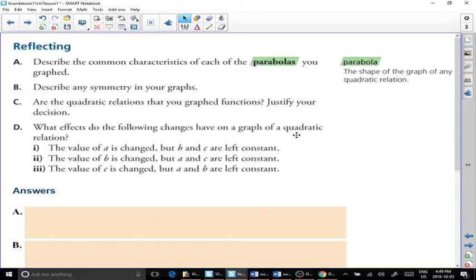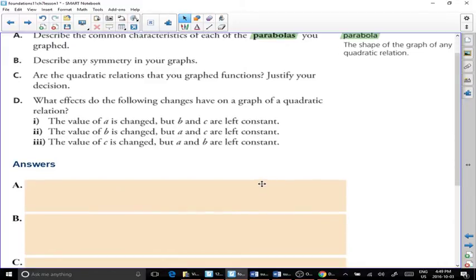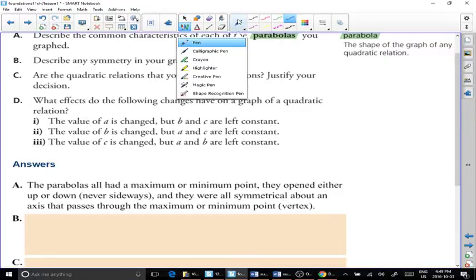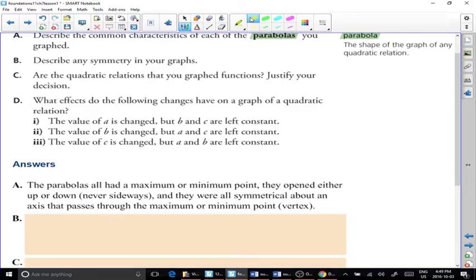So, under the reflecting page or part of this, it says, describe the common characteristics of the parabolas you graphed. In other words, what's true in all these? Here's what we know about a parabola. We talked about this during the last lesson, but it deserves a little bit more attention. There's either a maximum or a minimum value.